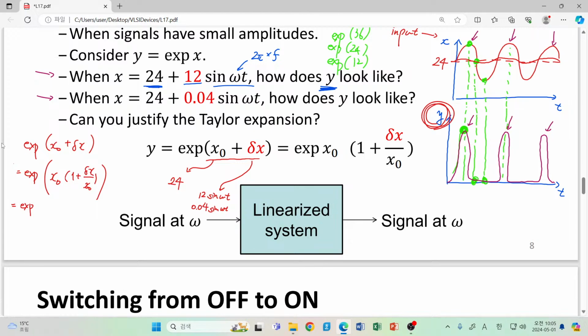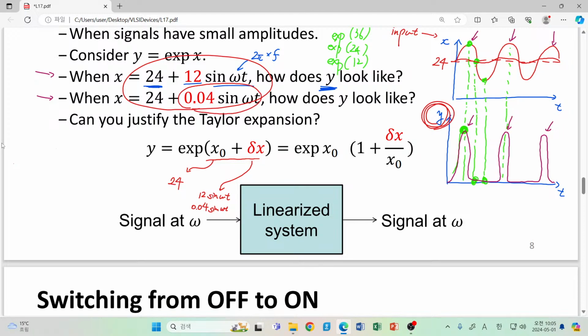I'm a little confused, so I will make my correction. This part will be discussed later, but the point is, let's come back once again to our example here. When we have a small amplitude for our additional function, then we are allowed to use the Taylor expansion.